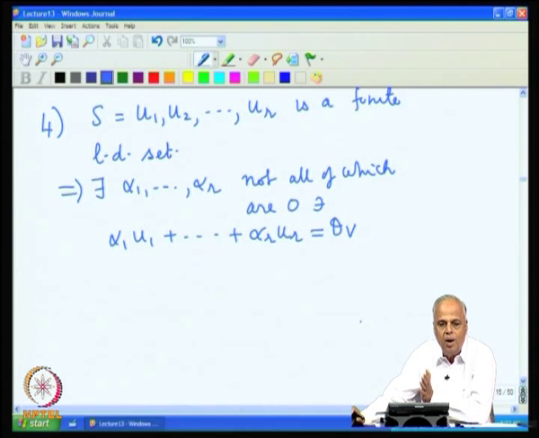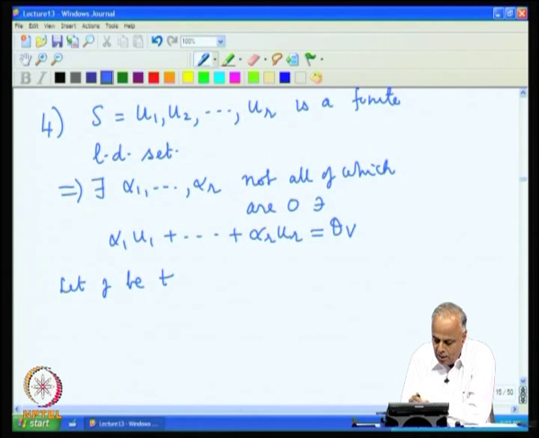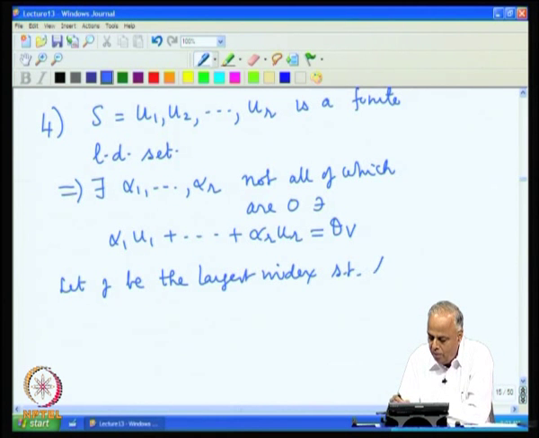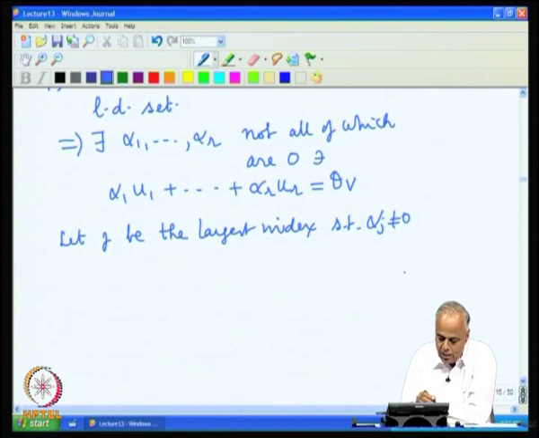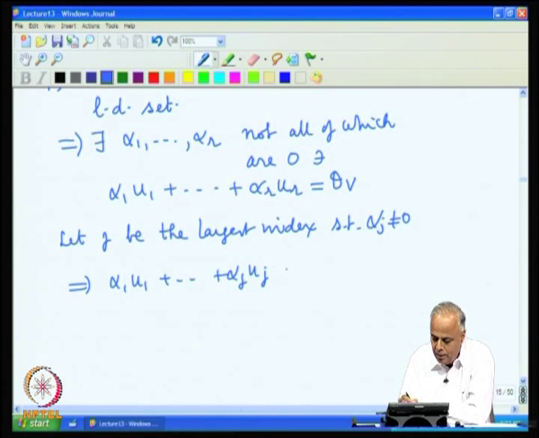Once again, look at the largest index for which alpha j is not 0. So, let j be the largest index such that alpha j is not 0. Therefore, as before, we get alpha 1 u1 + ... + alpha j uj is equal to theta v.